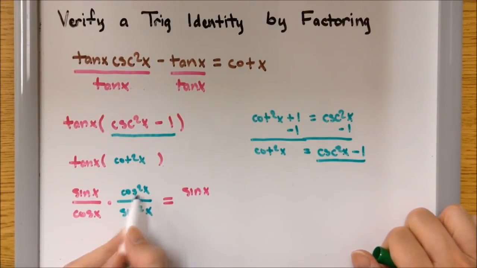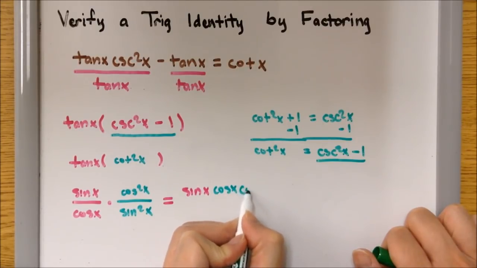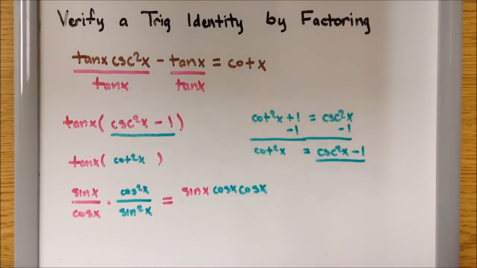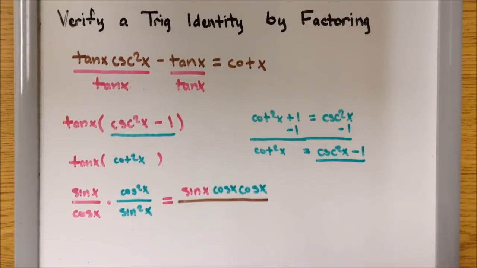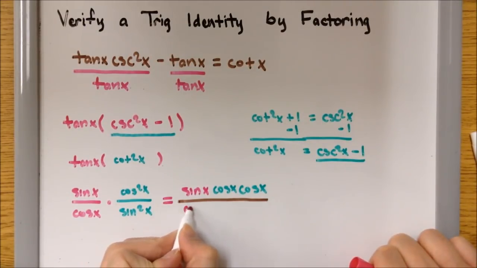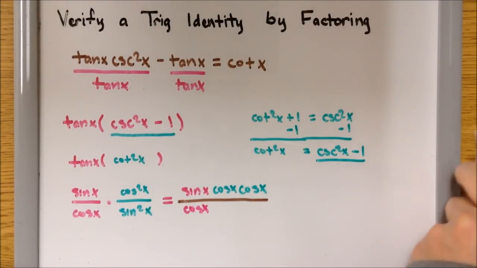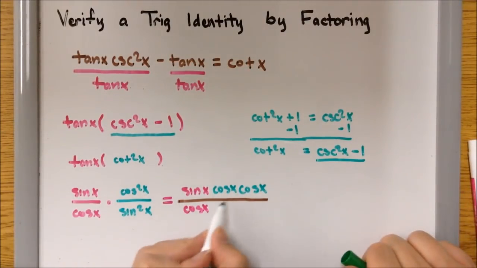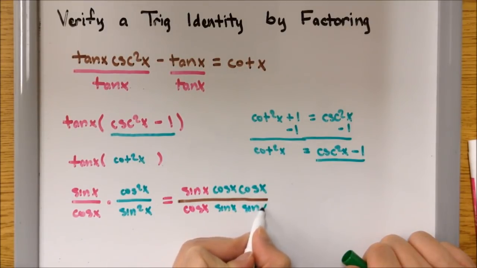So cosine square of x will be simply cosine of x times cosine of x. And then on the bottom, cosine of x from here. And then sine square of x will simply be sine x sine x.